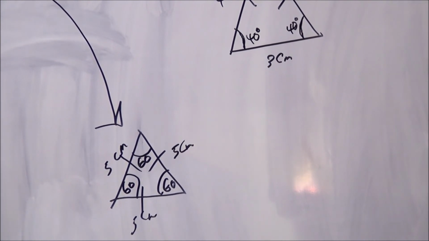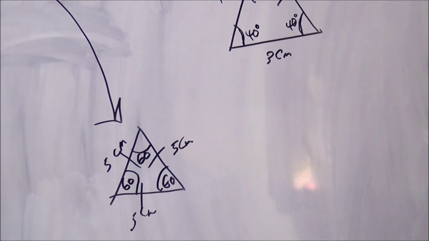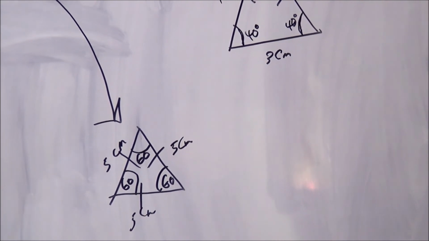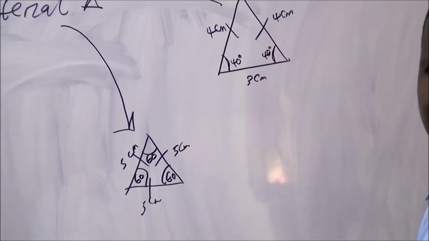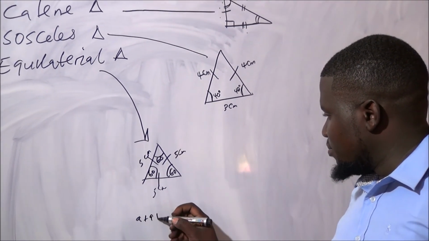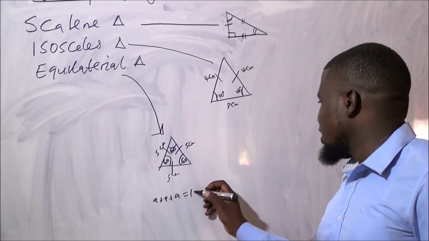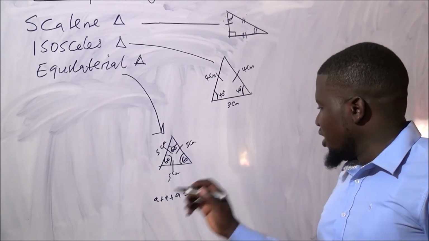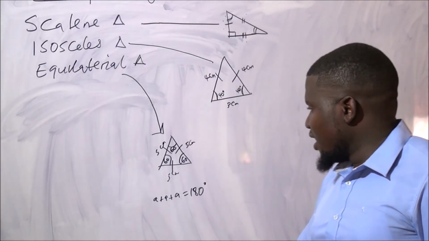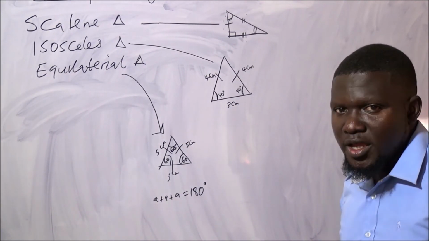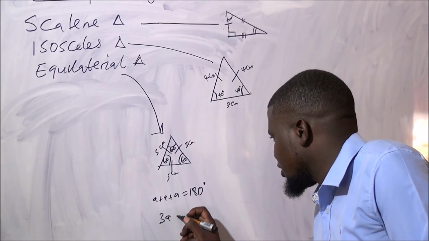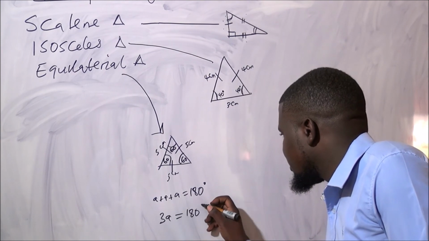If we're saying this is how it is, how did they find out these degrees? Let's take for instance, say we have one common letter which is A. Let's say each angle has been given A. So A plus A plus A is equal to 180 degrees. Meaning that the coefficient of each letter here is 1. When I add the ones, or you multiply by 3, you will get 3A, which is equal to 180 degrees.